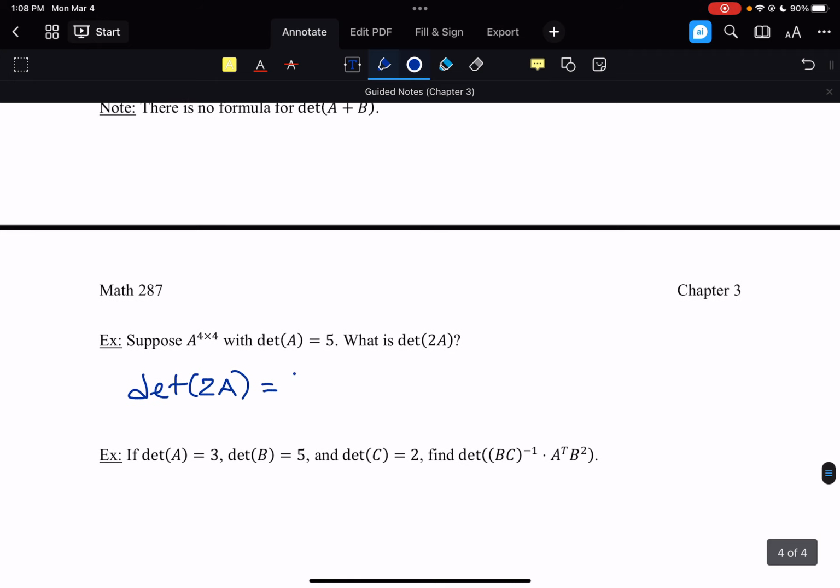This is a 4x4, so that's 2 to the 4 times determinant of A. And determinant of A is 5, so that's going to be 2 to the 4th times 5, which gives us 80.